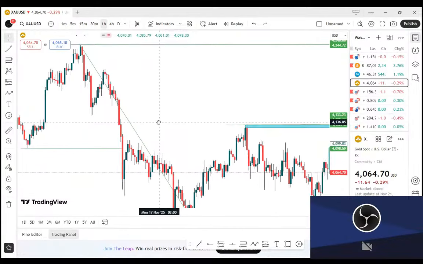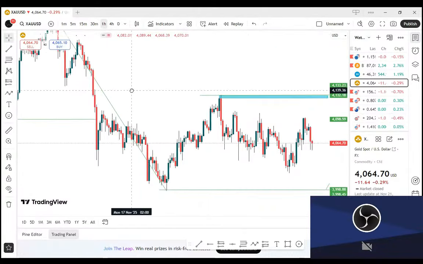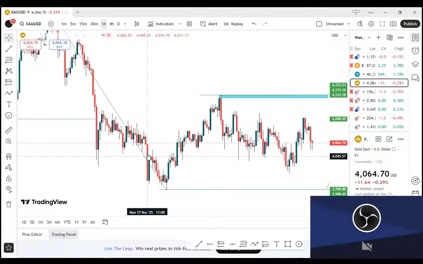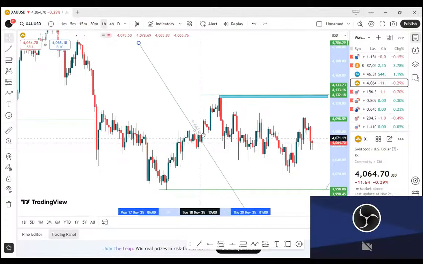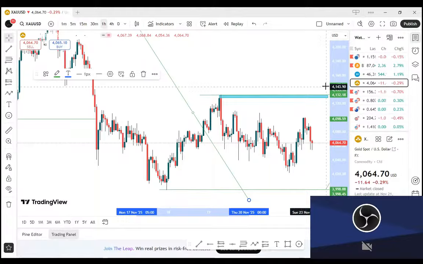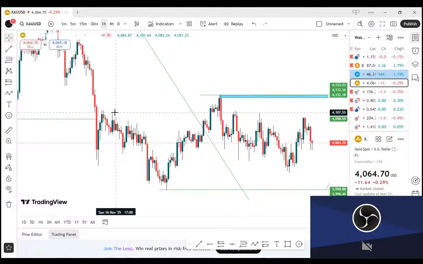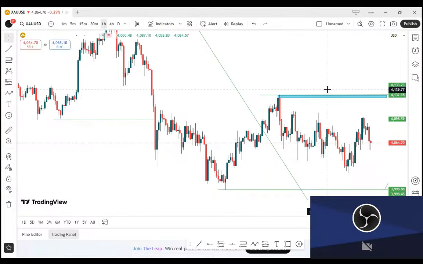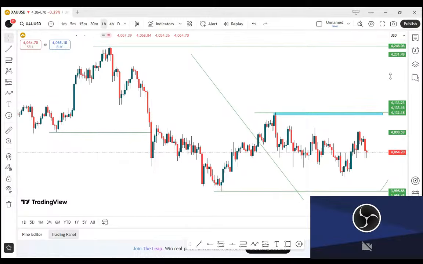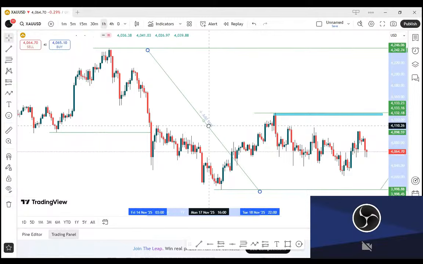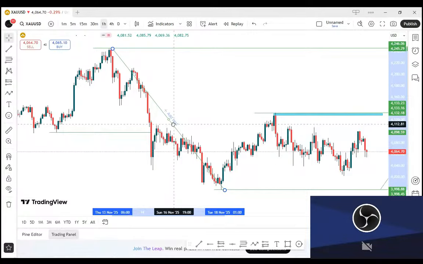So if price is giving us a strength like this, you can see the strength of the market from here to here. This is a long strength of the market that you're looking for, because you're targeting from these highs down to this low. So what are you to wait for?